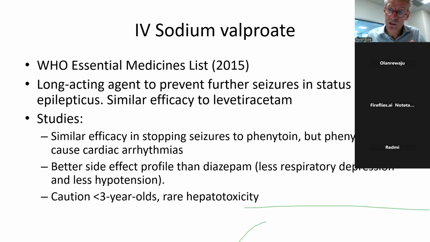Many children are on sodium valproate anyway, and you're not quite sure what the levels are. It's not as safe in small children. There's a rare risk of hepatotoxicity, but it does have a better side effect profile than phenytoin, for example, where sodium valproate is less likely to cause cardiac arrhythmias or hypotension. So it's also quite a safe drug to be used, but I think levetiracetam is probably a preferred drug in pediatrics.